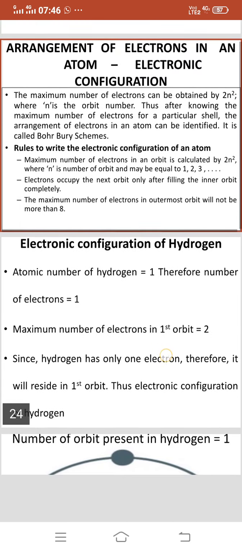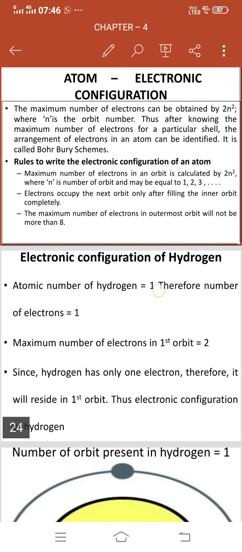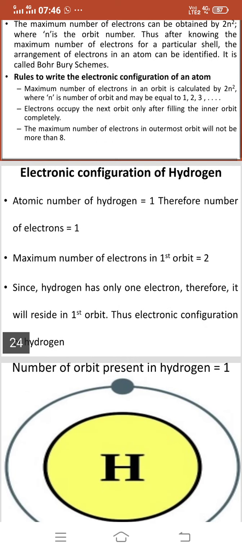So you can see the electronic configuration of hydrogen. The atomic number of hydrogen equals 1. Therefore, number of electrons equals 1. Maximum number of electrons in the first orbit will be 2. Since hydrogen has only one electron, it will reside in the first orbit.